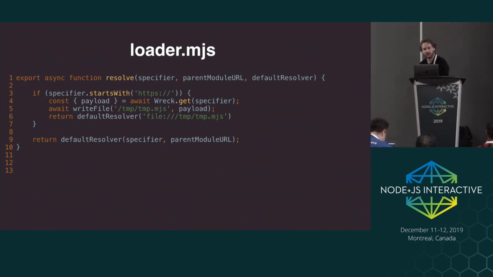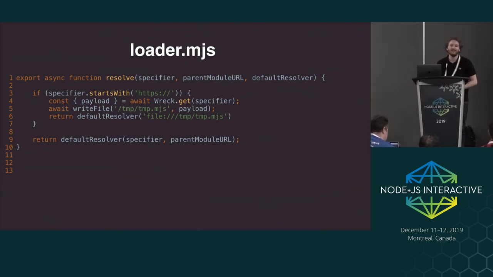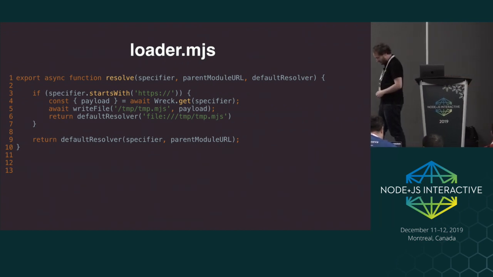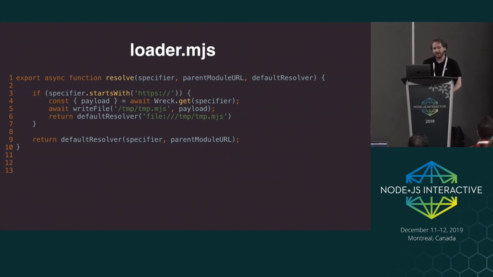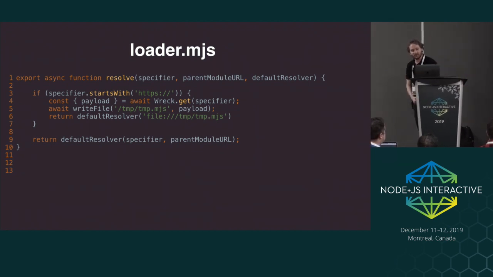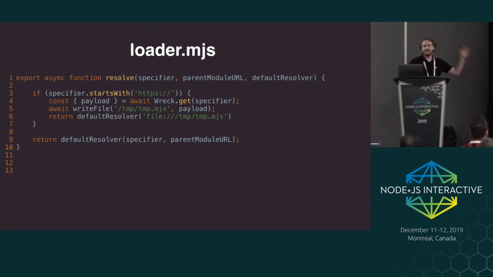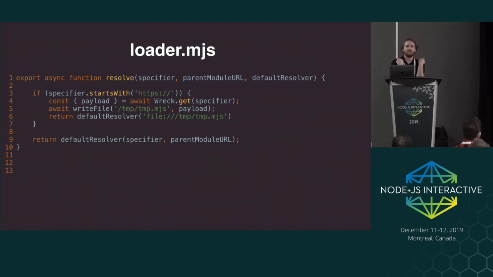Let's use HTTPS here. What we do is we just await got.get. Got is a cool HTTP client to download things. I recommend using it, it's pretty cool and Promise ready. I'm being paid by the people on the first row for saying that. So you just get the specifier, which means you do an HTTP request.